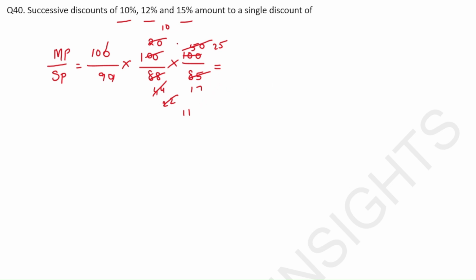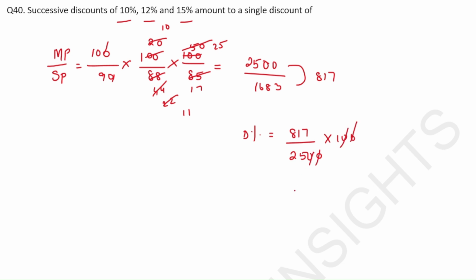If you multiply all the values, then you will get 2500 divided by 1683. So what is the difference between the MP and SP? So that is 817. So we have to find a single discount, right? So that means discount percentage is 817, always with respect to MP. So MP is 2500 into 100, 0 cancel. So if we divide 817 by 25, you will get 32.68%. So you can find this one easily like this.